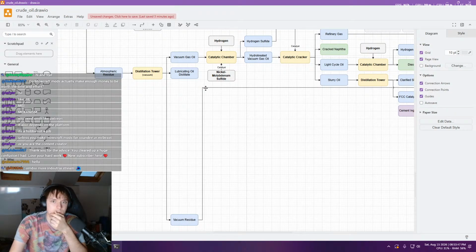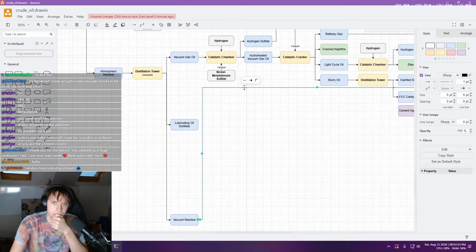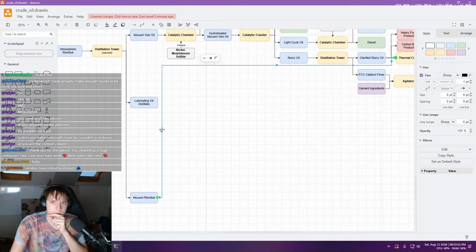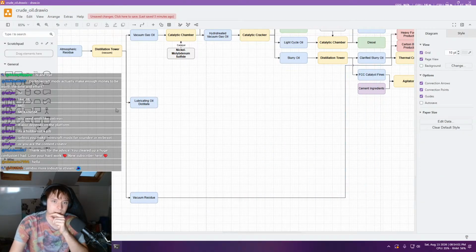Wait, but that doesn't solve the issue, because I need this down here. Okay, let's just do, in that case, this. And just hope this is enough space for lubricating oil distillate. I think it should be.